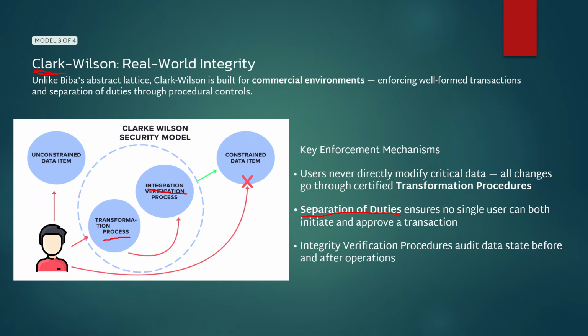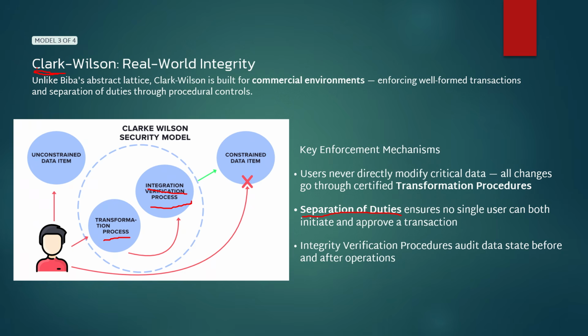The integrity of that particular thing is verified, and once it is done, only then can they write the data. So they can never do any modifications on their own. They have to go through two verification steps. One person does it, a second person verifies it, and only then the data can be written. So that is what the Clark-Wilson model is.